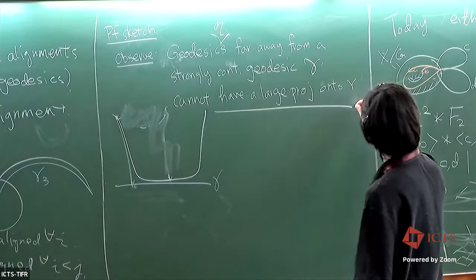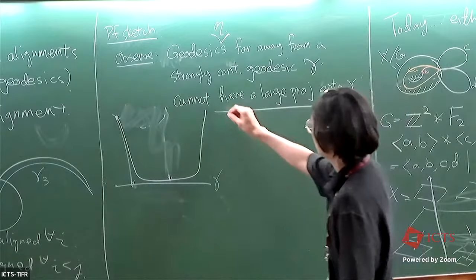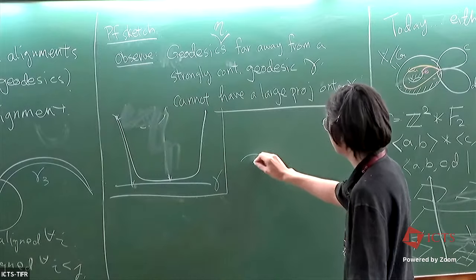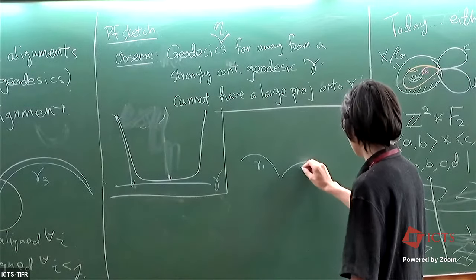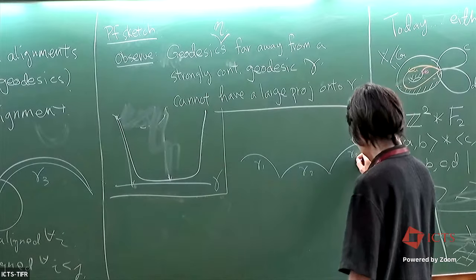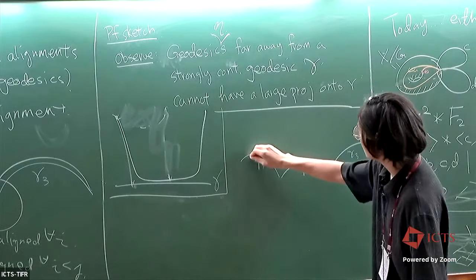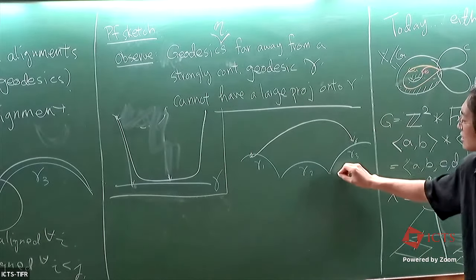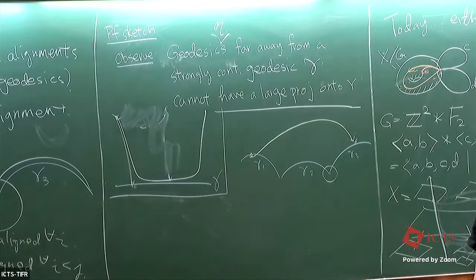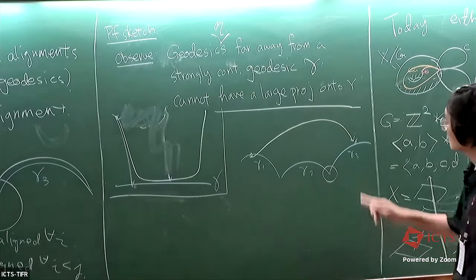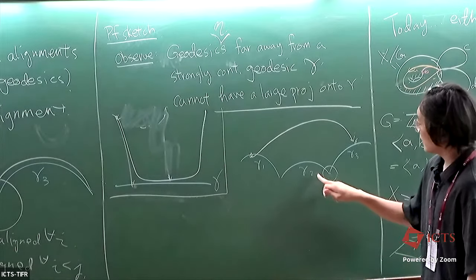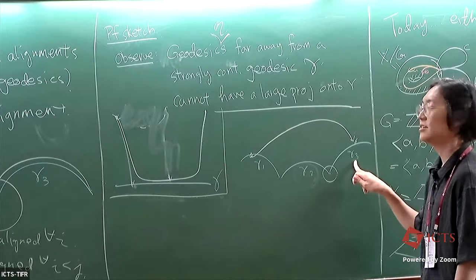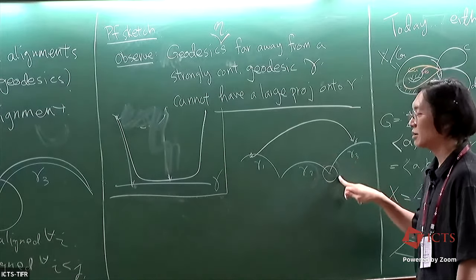So this is one observation, and assuming that gamma 1 and gamma 2 were here, and gamma 3 were here. Let's say this point is projecting somewhere here onto gamma 3, not very close to the beginning point of gamma 3. Suppose to the contrary that this is so. But I assume that the entire gamma 2 should enter gamma 3 from the beginning point, right?